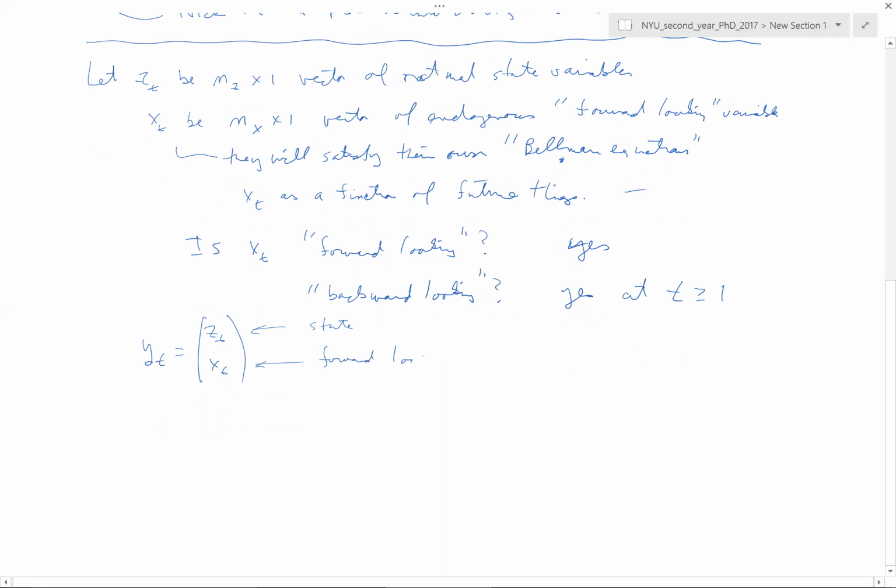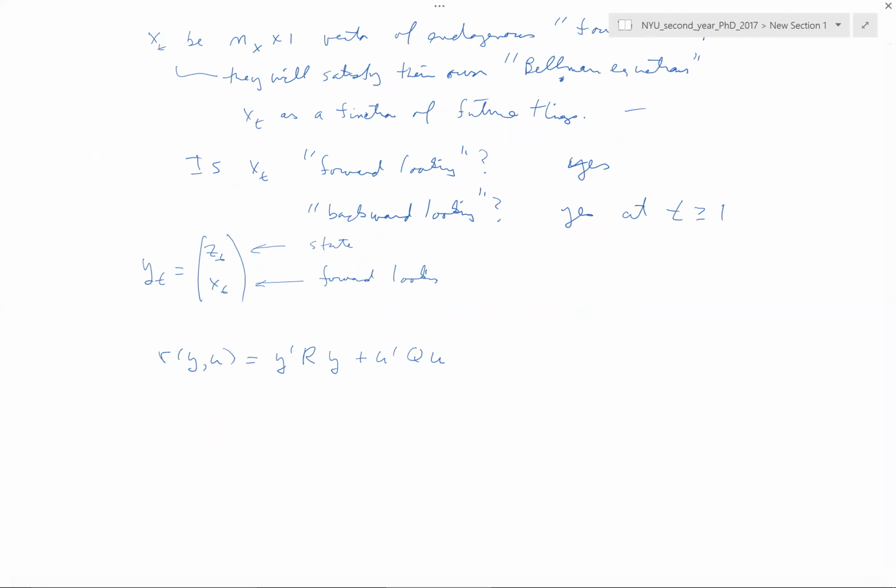You have to remember that all the time. But we're going to write a one-period return function. We're just going to write it like this: y prime R y plus u prime Q u. And that's going to be our definition. The spirit of this is that R and Q might be positive semi-definite matrices. Again, we can relax that.